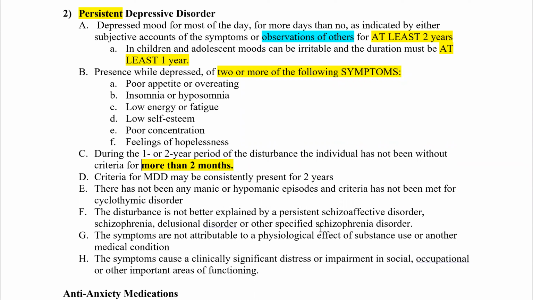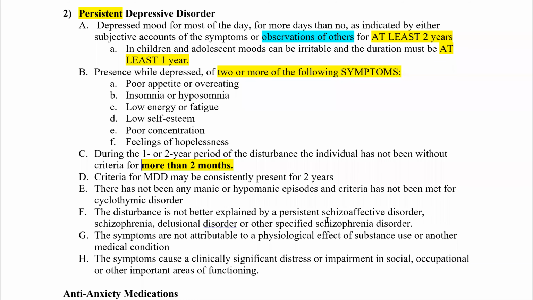And the disturbance is not better explained by a persistent schizoaffective disorder, schizophrenia, delusional disorder, or other specified schizophrenia disorder, and the symptoms are not attributable to physiological effect of substance use or another medical condition, and the symptoms cause a clinically significant distress or impairment in social, occupational, or other important areas of functioning.